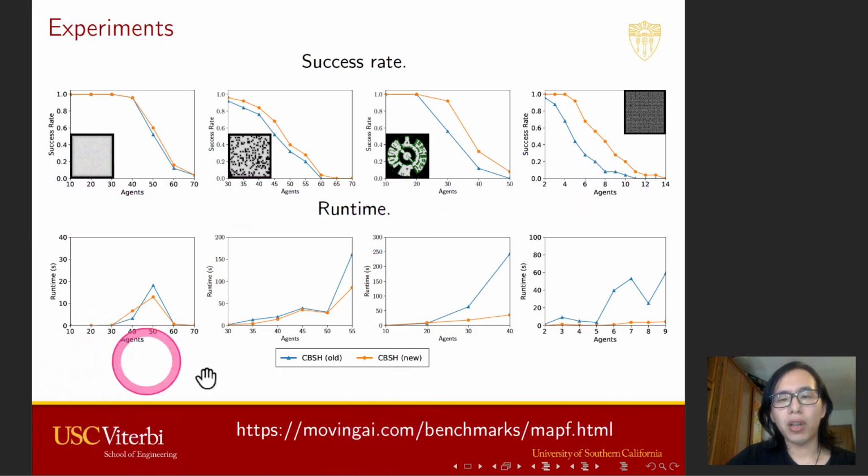The 3rd picture below shows the average runtime among those instances solved by both solvers. You can see that except in the empty map, where CBSH-mu only has marginal improvement in terms of success rate, in the other 3 types of map we have seen significant improvement regarding success rate and average runtime.